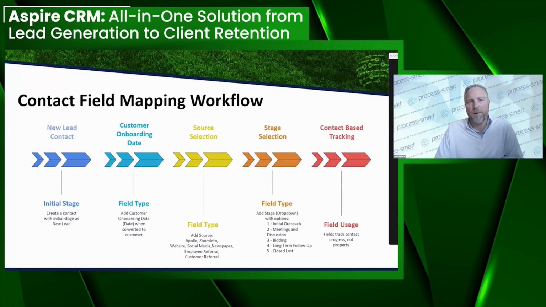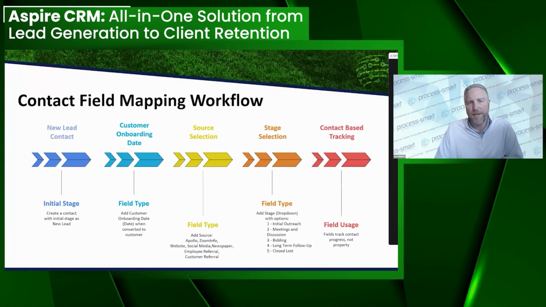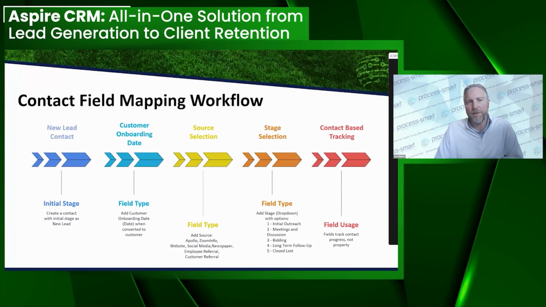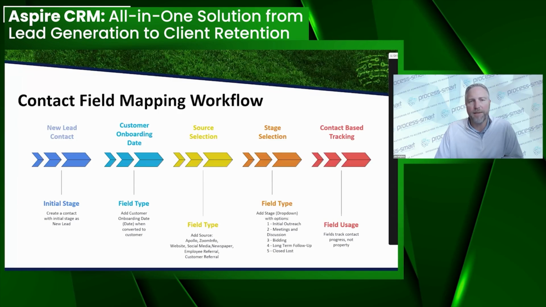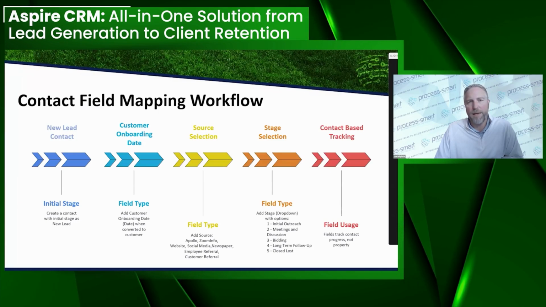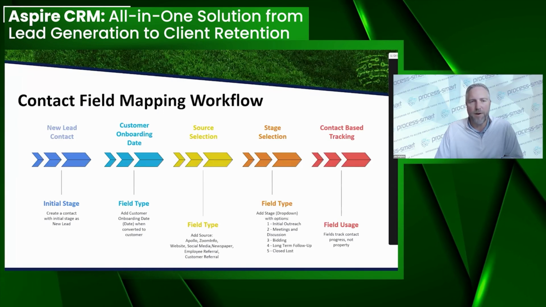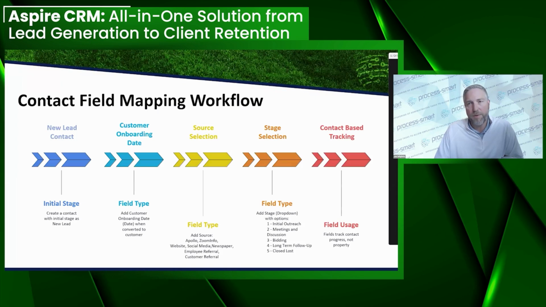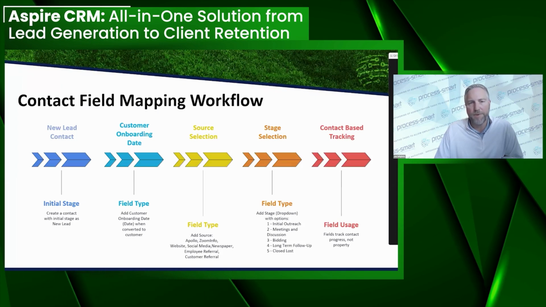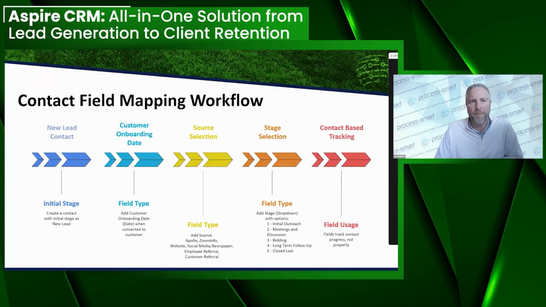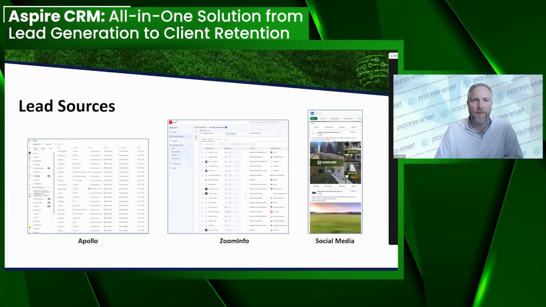there. We're going to build out stages like the initial outreach, meetings and discussions, bidding, all the way to won, and then really contact-based tracking. So contacts are the unit of measure that we're really seeing from a lead source standpoint and a CRM standpoint in this initial workflow.